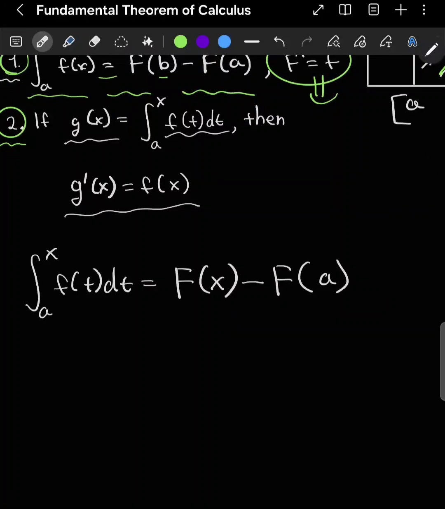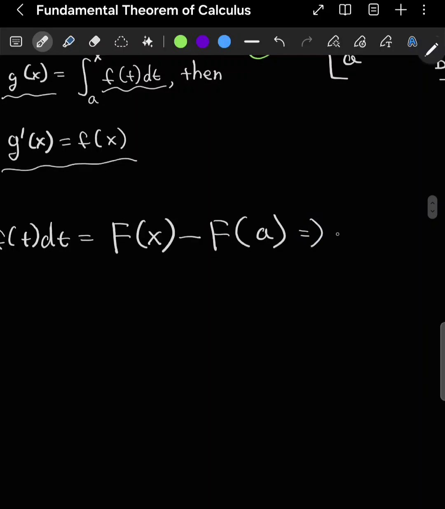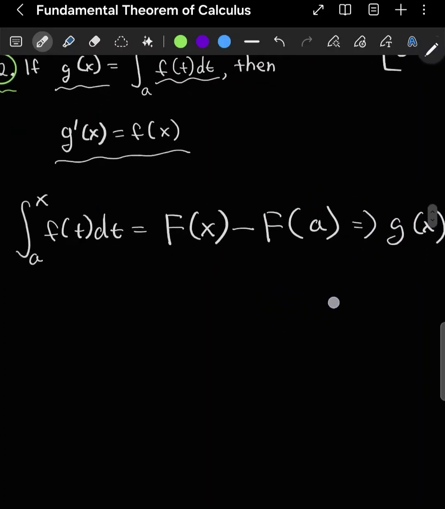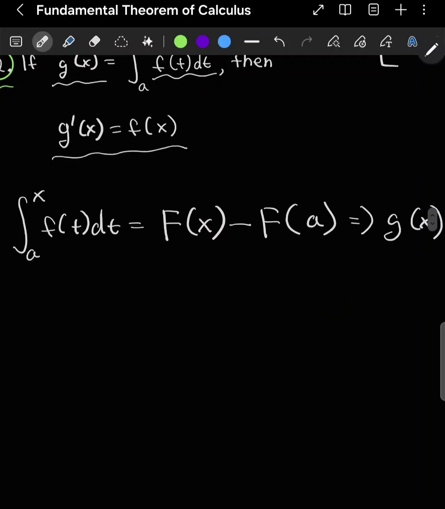Now this is actually an area, right? So this one is equal to what? g(x). So what do we want to find? We want to find g prime of x.